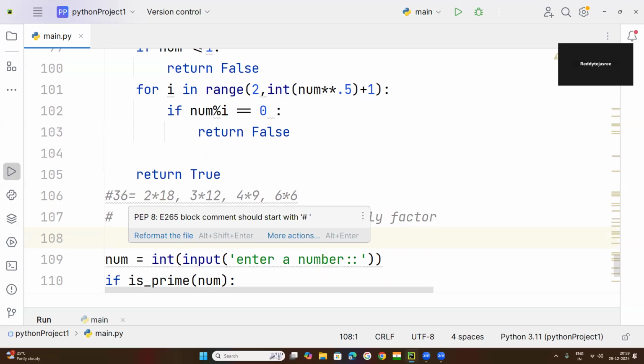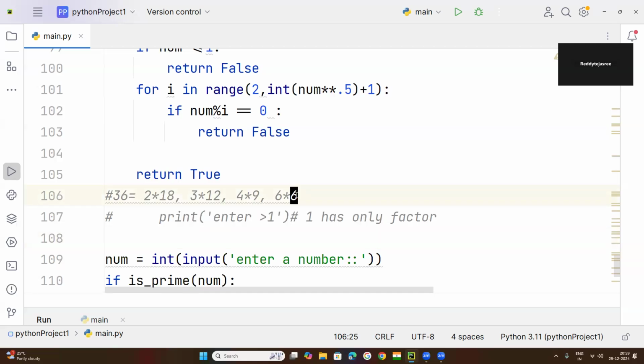So other than the square root, what are the factors? 9, 12, 18. 2, 3, 4 are the small factors and 9, 12, 18 are called large factors other than 6. 6 is the square root of 36. So while we are finding a prime number, this square root of a number indicates what you know.